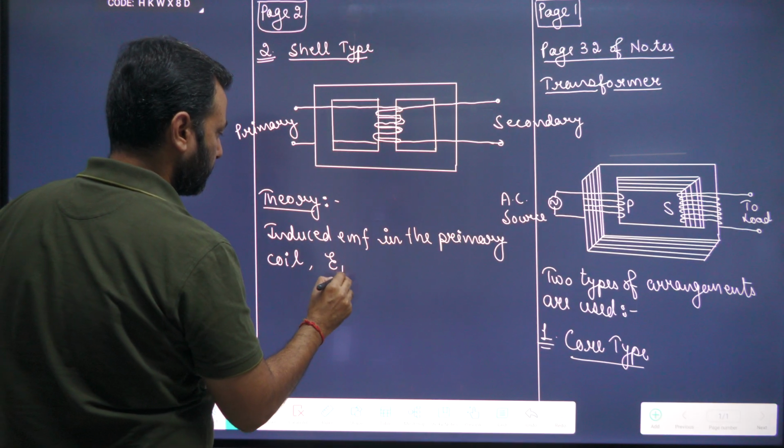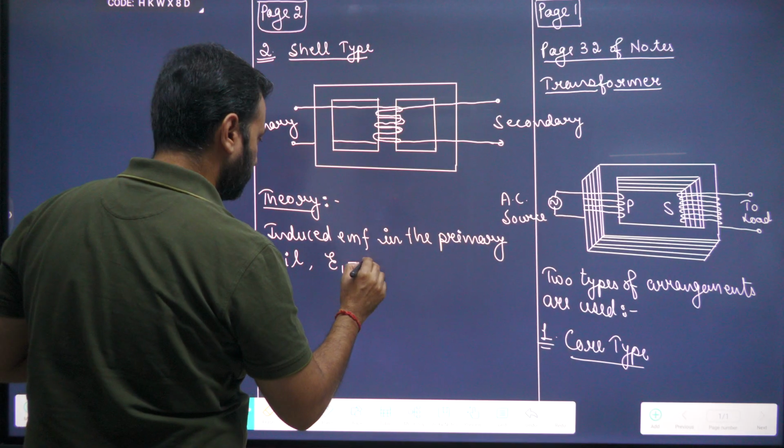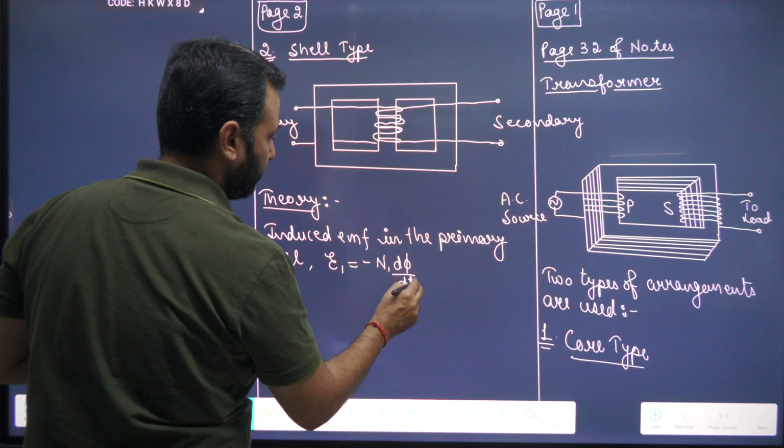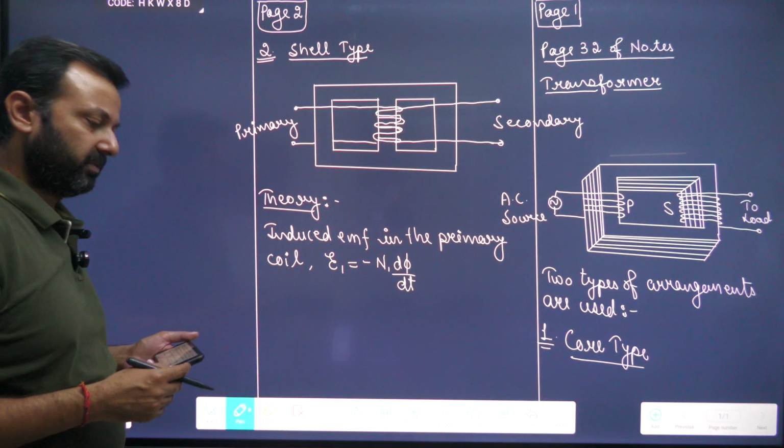E1 is equal to minus N1 d phi by dt. This is the formula of induced EMF.